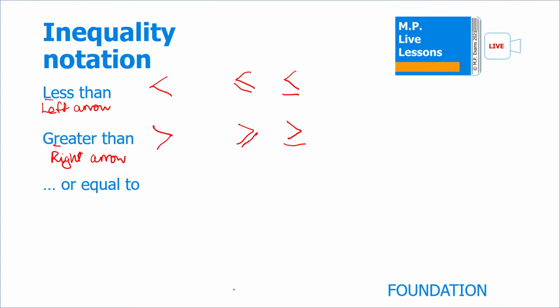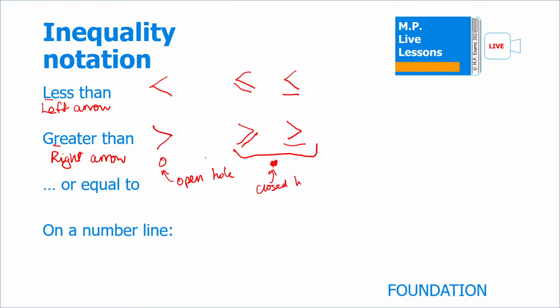On a number line, if it's strictly less than, you'll have an open hole. If it's greater than or equal to, you'll have a closed hole, which represents that it includes the value.